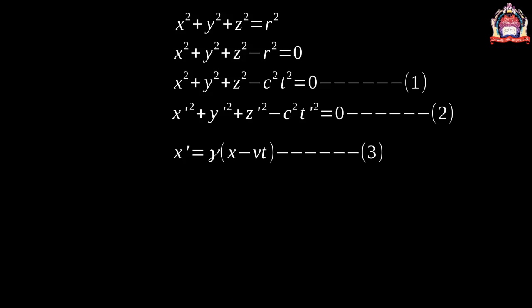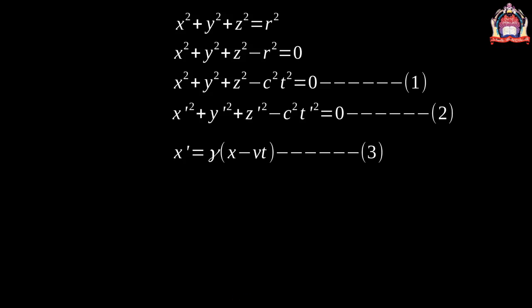So x square plus y square plus z square minus c square t square is equal to x dash square plus y dash square plus z dash square minus c square t dash square. Since there is no motion along the y and z axes, we can write y is equal to y dash and z is equal to z dash, for symmetry.